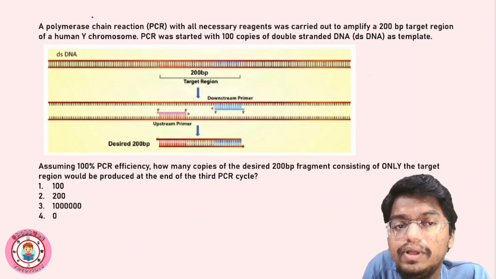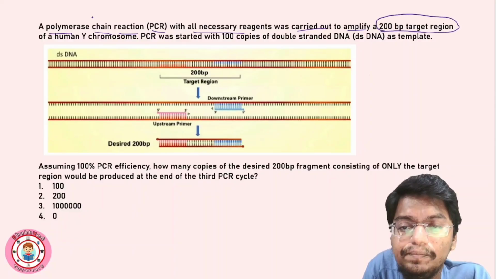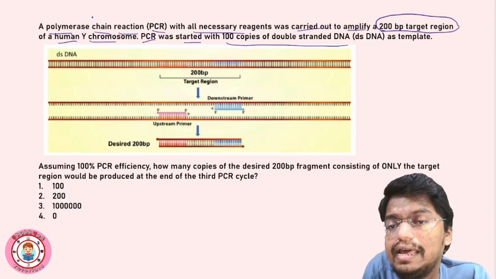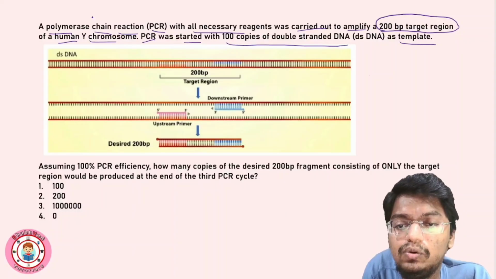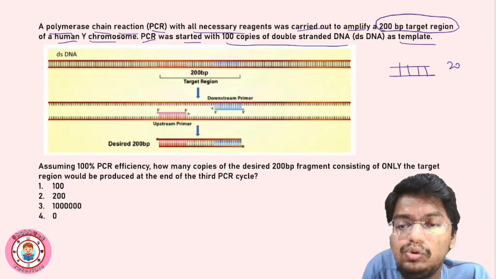Last question. A polymerase chain reaction, PCR, with all necessary agents was carried out to amplify a 200 base pair target region. This is very important, I will highlight this. On a human chromosome, Y chromosome, PCR was started with 100 copies of double-stranded DNA as a template. Okay, so double-strand DNA has been used, 200 copies are used, right?